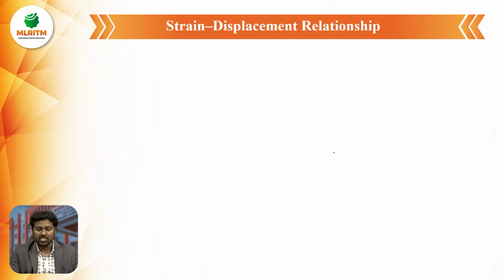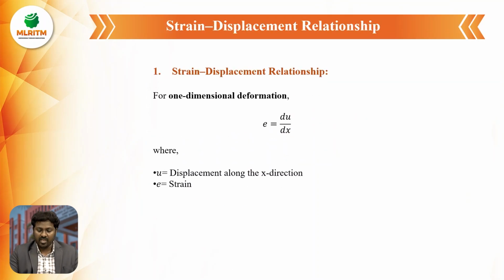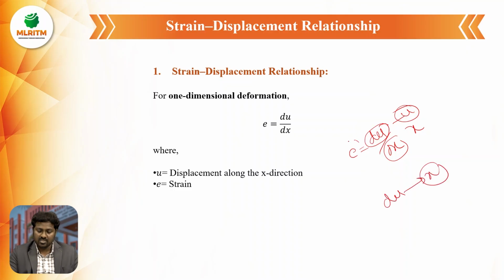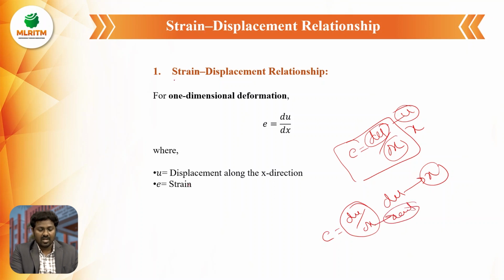The strain e represents du by dx, meaning the displacement u with respect to the x direction. This is the strain displacement relation. Strain is directly proportional to the displacement gradient with respect to the x direction.